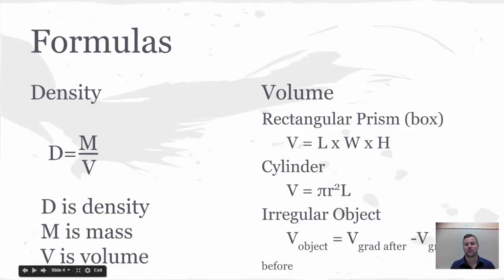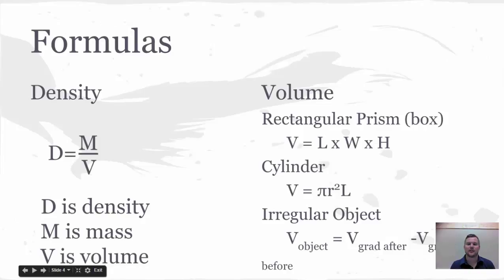We can either measure with a ruler or something similar, using the formula length times width times height, for a regular prism like a box. We could use the cylinder formula for a cylinder like a soda can. It's almost a cylinder, so you could figure out a reasonable volume for a soda can by using v is equal to pi r squared times the length, where pi of course is the pi key, the 3.14, etc. I do want you to use the pi key.